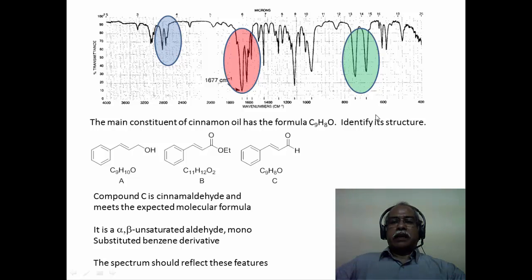And finally, the monosubstituted benzene derivative, which has out of plane bending modes in this particular feature, is also reflected. So the spectrum reflects the features that would satisfy this molecule to be the correct molecule, as the major constituent of cinnamon oil is cinnamaldehyde.